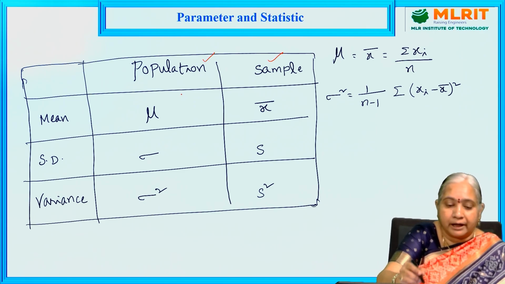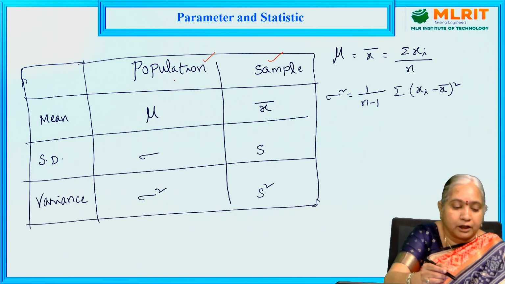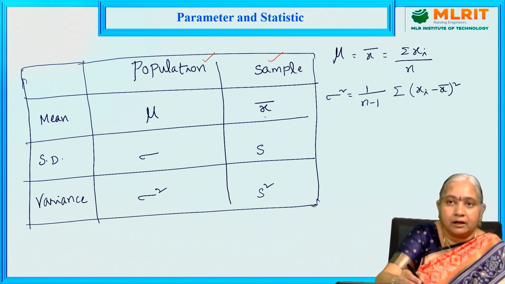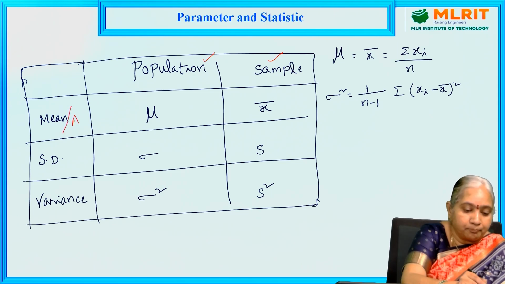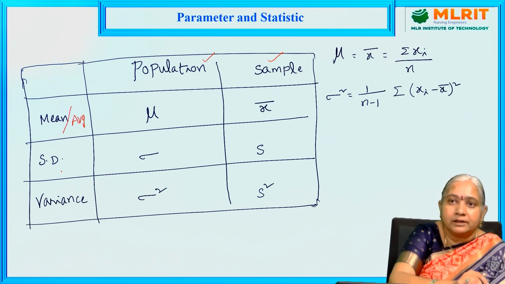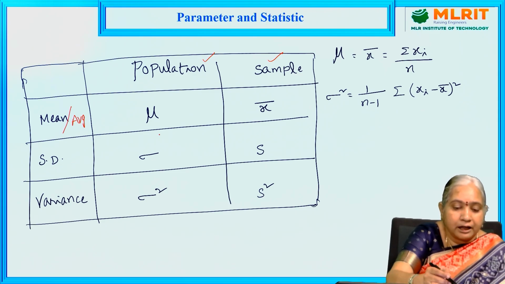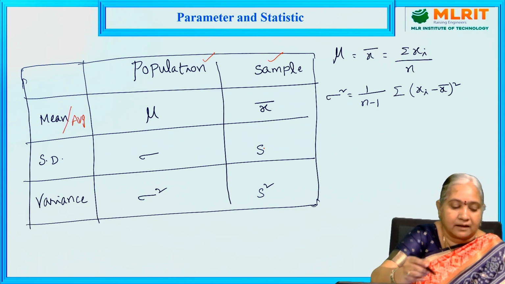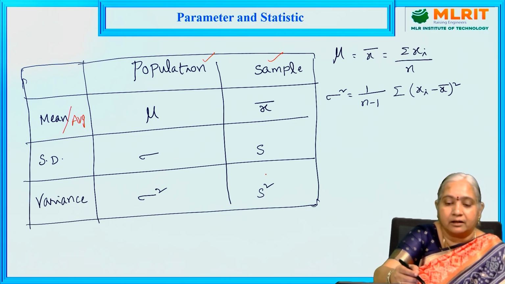The mean is denoted by mu in the population and x bar in the sample. Mean or average, both are the same. Standard deviation is denoted by sigma in the population and S in the sample. Variance is denoted by sigma square in the population and S square in the sample.